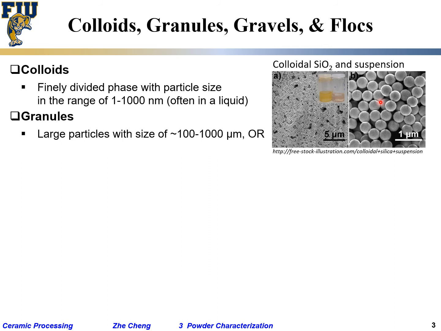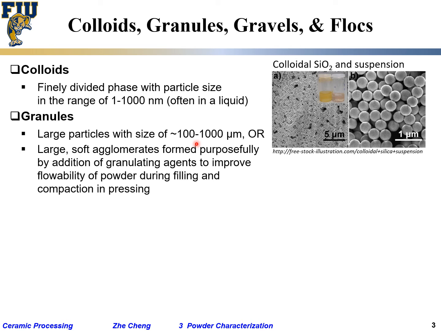Okay, granules typically mean large particles with a size close to 1 millimeter, hundreds of microns. Okay, sometimes we mean soft agglomerates formed purposefully by adding a granulating agent, a polymer, to bond them together to improve the flow capability.